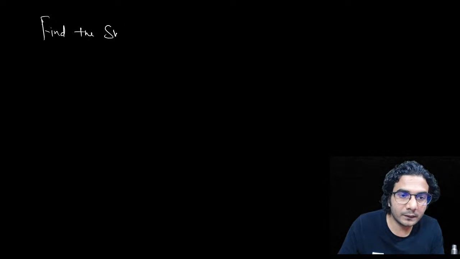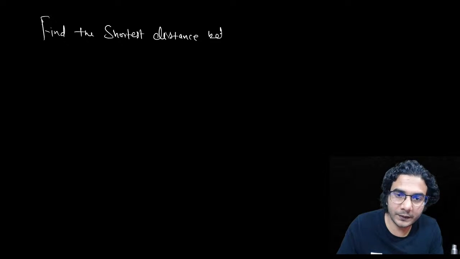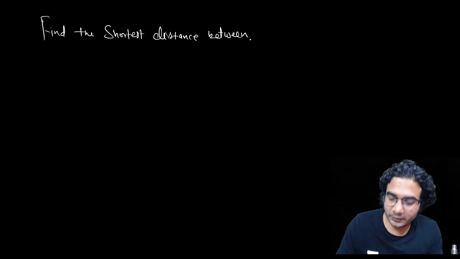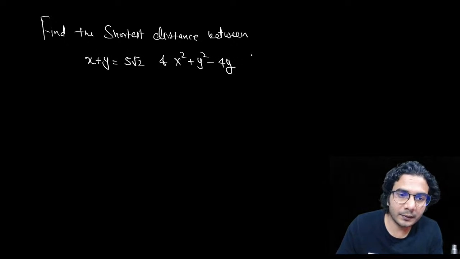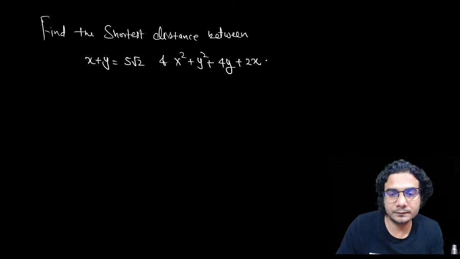Find the shortest distance between x plus y is equal to 5 root 2 and x square plus y square minus 4y plus 2x plus 4 is equal to 0.